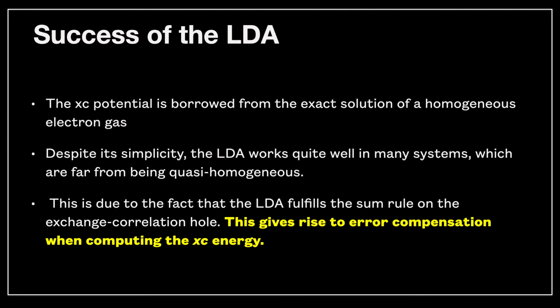And this cancellation of errors is not luck. Sometimes we say, oh, it's a fortuitous cancellation of errors. It's not luck. It's because the solution to LDA is, at the limit of homogeneous electron gas, a correct solution, therefore meeting all the sum rules that we have. So LDA works very well, sometimes for the wrong reason, but it also has a number of drawbacks.